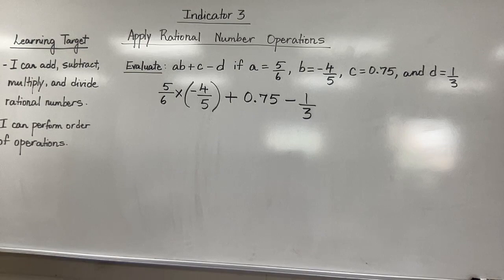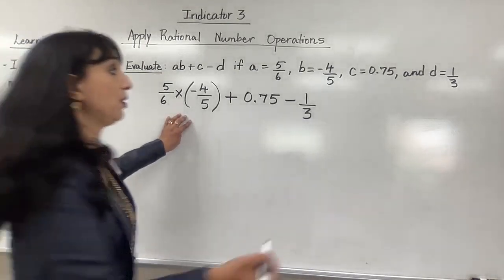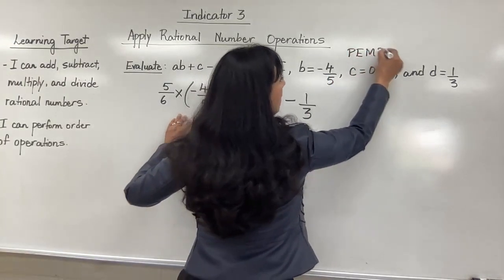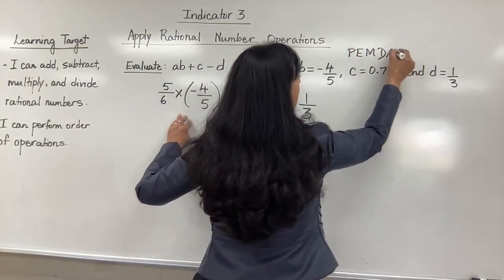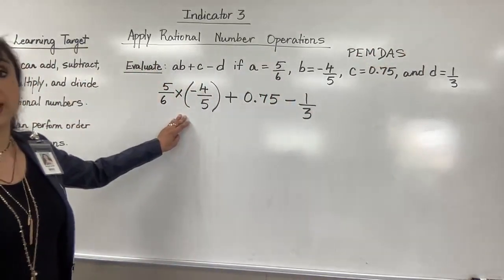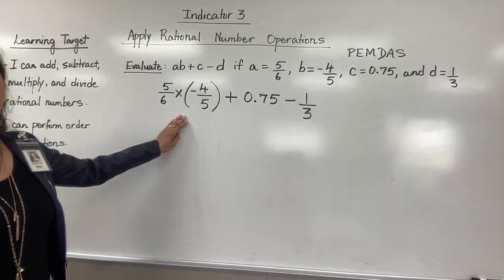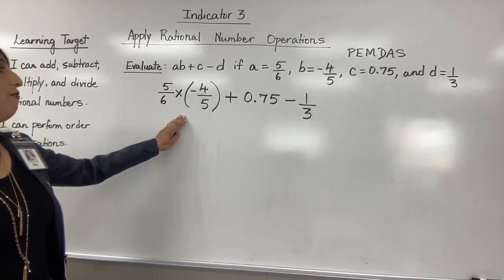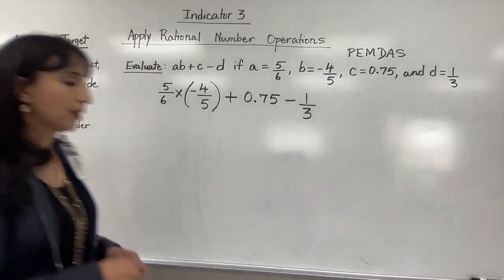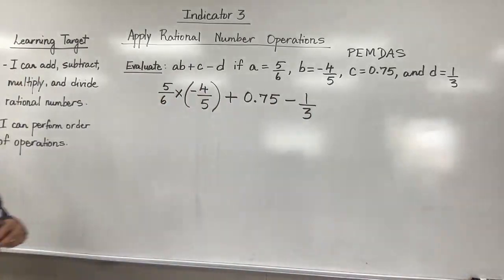Okay. So if I look at the multiplication part first, because I'm doing PEMDAS, please remember the operations. It is in this order. The first thing over here, I don't have parentheses or exponents, but I do have multiplication. So for multiplication, I am now going to first simplify. I can see what the common factors are.